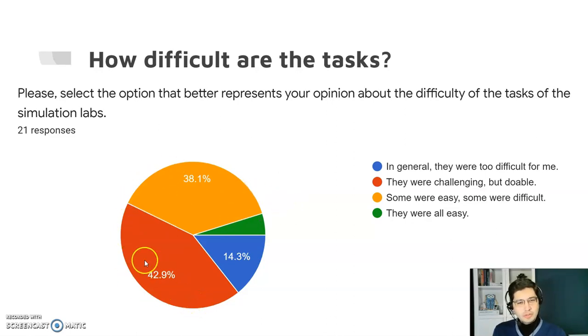So all in all, about 80% of the students actually found it doable somehow. So we think that it's actually in the right balance between being too difficult and actually being doable. So we managed to do that.